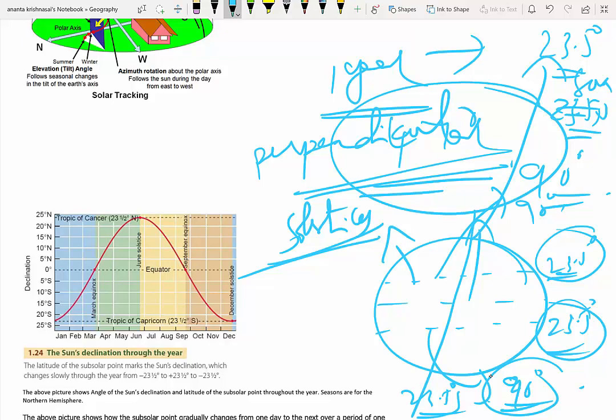And similarly, on the day of December solstice, you find that the 23.5 degrees inclination of south pole towards the sun is possible, and hence sun is exactly perpendicular on this particular day to the 23.5 south as a parallel drawn to the equator.